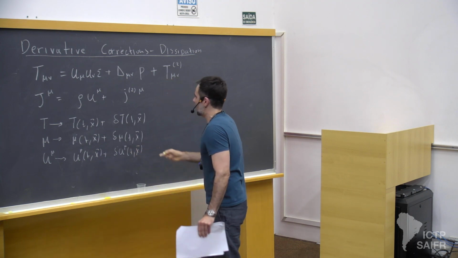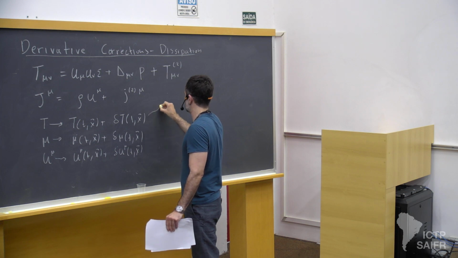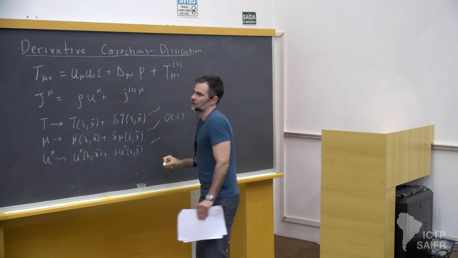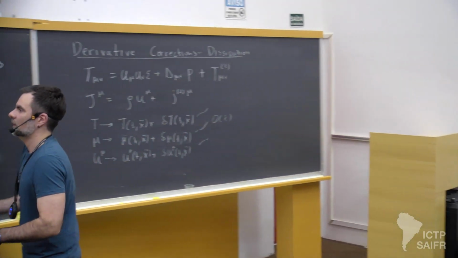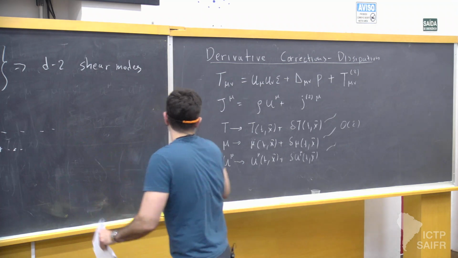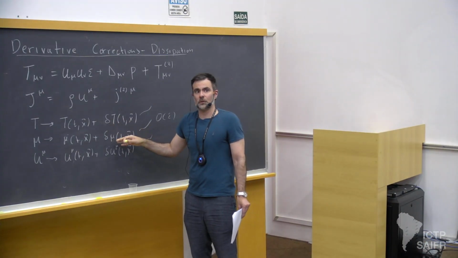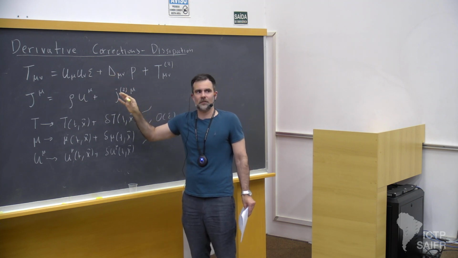And as long as these functions are order epsilon, then I cannot distinguish whatever I call the solution from just a shifted solution. So at the level of ideal hydrodynamics, this is not going to have a big effect.